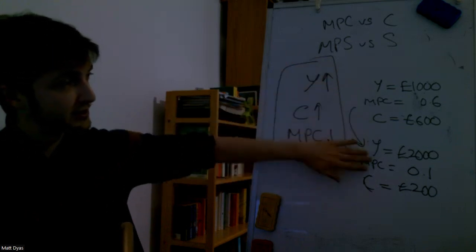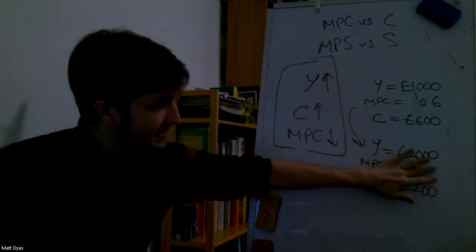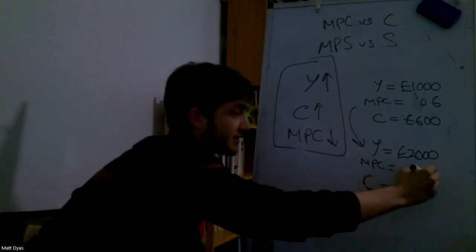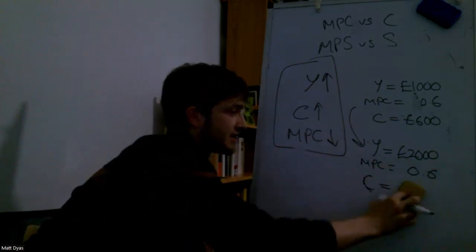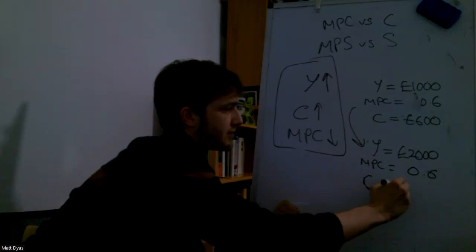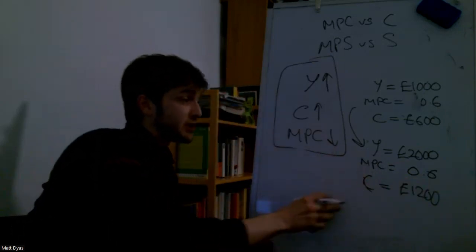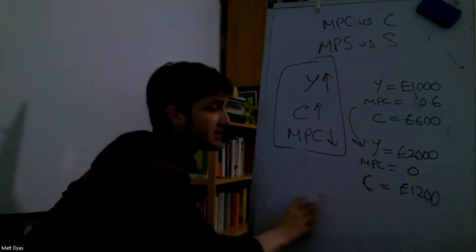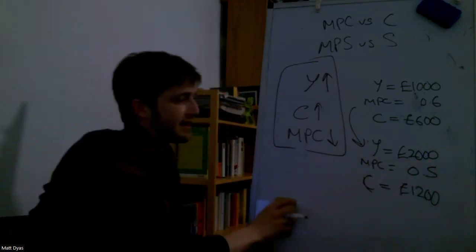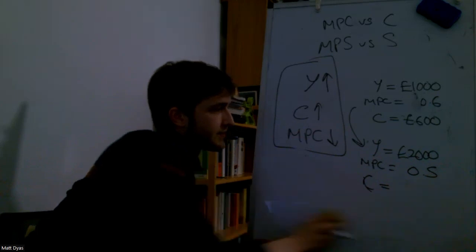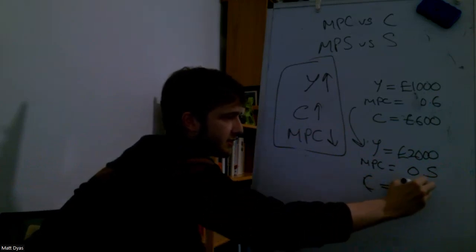So when your income goes up, if the MPC is constant, then definitely your consumption will rise. In most cases, what we should expect is that MPC drops slightly as people's income rises.